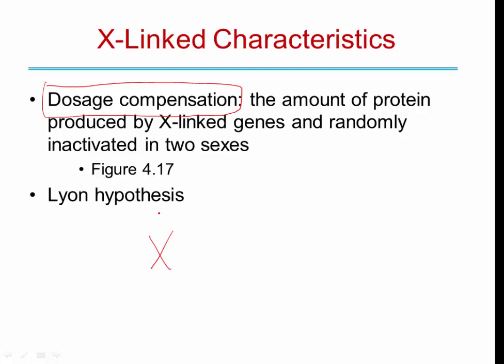And if males have one X chromosome and females have two X chromosomes, we'll have 2 times the gene product in females. So there'll be 2 times as much gene product coming from the female as the male. But for most cells have to do the same thing, whether you're a male or a female.